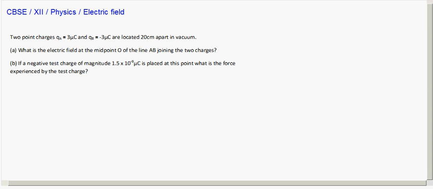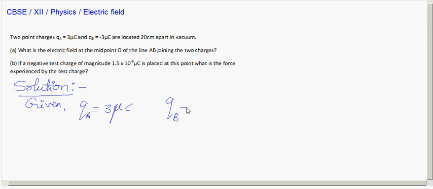Now first we will write what are the given quantities and then we will try to find out the solution. So given two charges QA equal to 3 microcoulomb and QB is equal to minus 3 microcoulomb.